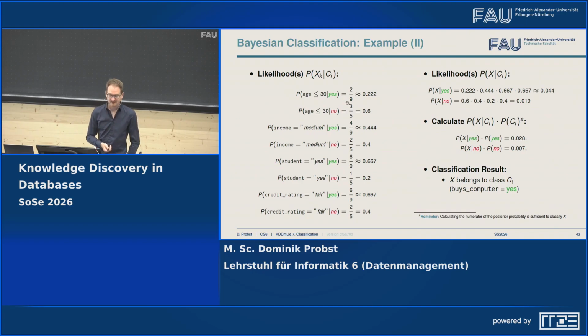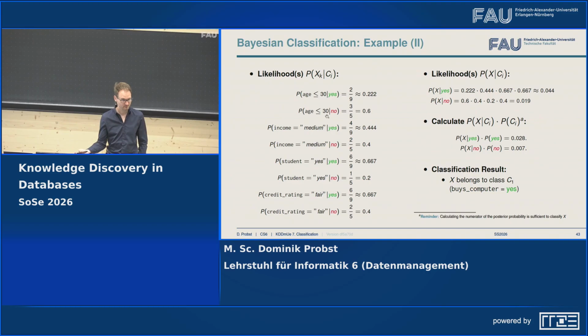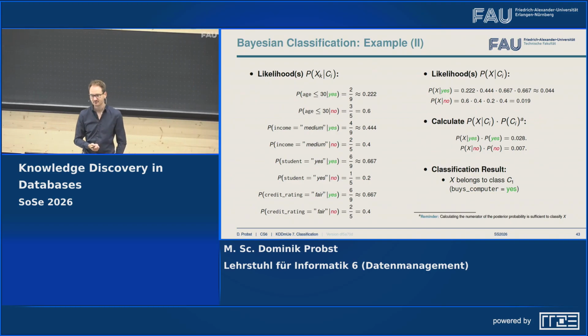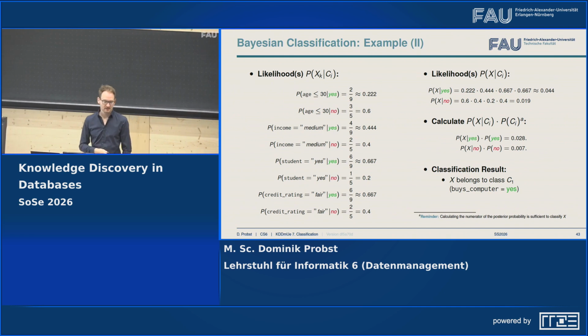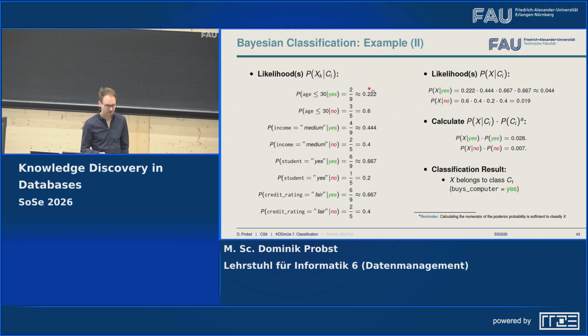Then this likelihood would become zero, since we have 0 of 9 in this case. Of course, not in this example, but in a general case. If one of these likelihoods gets to 0, of course, the overall likelihood would get 0, because 0 times whatever times whatever times whatever is still 0.